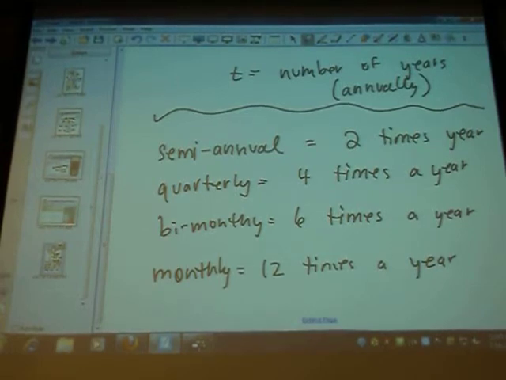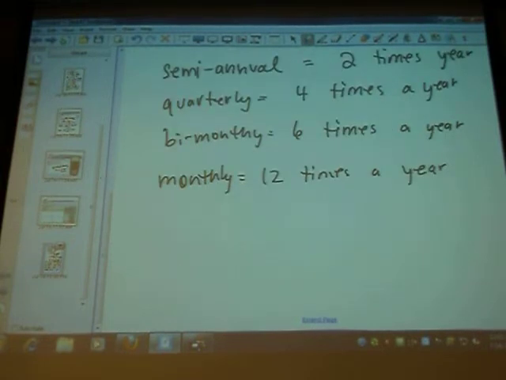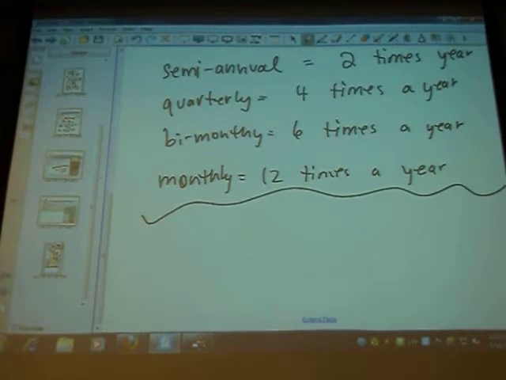Now, there's another way that they can do the calculation, just to make their lives easier. And that is called continuous compounding. Now, how many times a year do they compound it with continuous compounding?